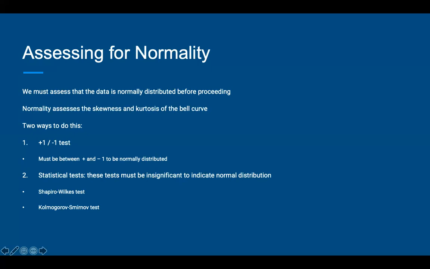If the Shapiro-Wilk test comes out insignificant, that means that the data is in fact normally distributed. When you read articles and a study reports that Shapiro-Wilk was insignificant, that's a good indicator. A lot of times, though, people will just look for the ±1 rule, and that's also acceptable. But Shapiro-Wilk is the gold standard, so that's one that you really want to look for.